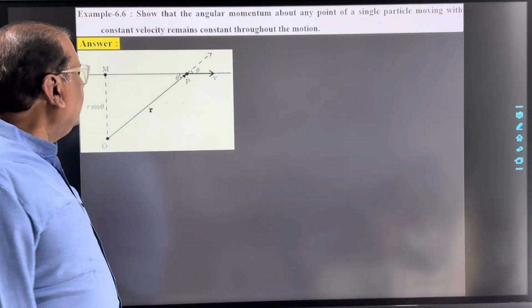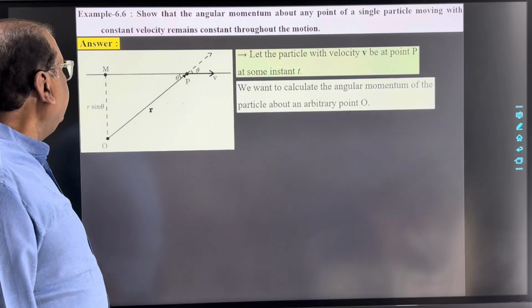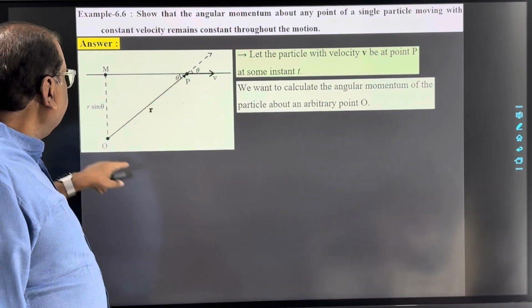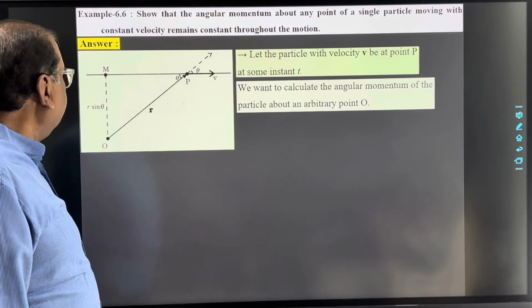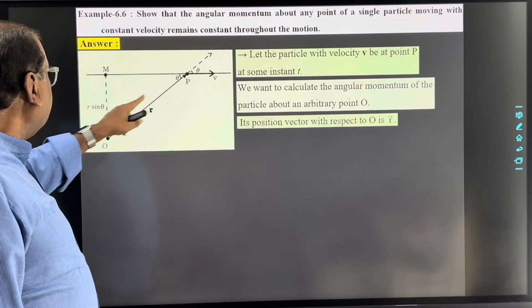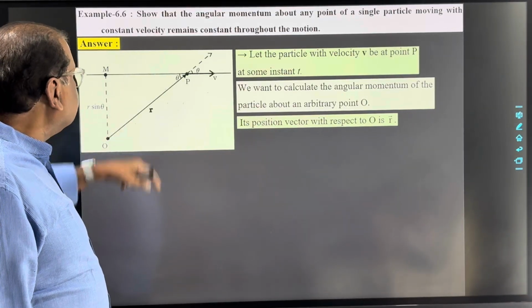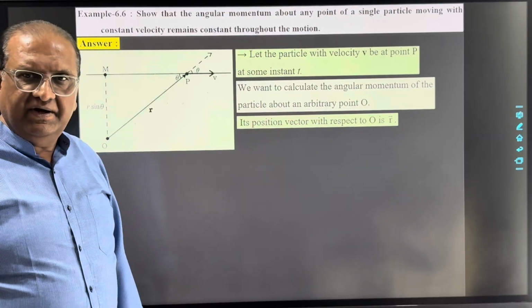At a particular instant, when the particle is at position P, the position vector of that particle with respect to this reference point is R, as shown in the figure.